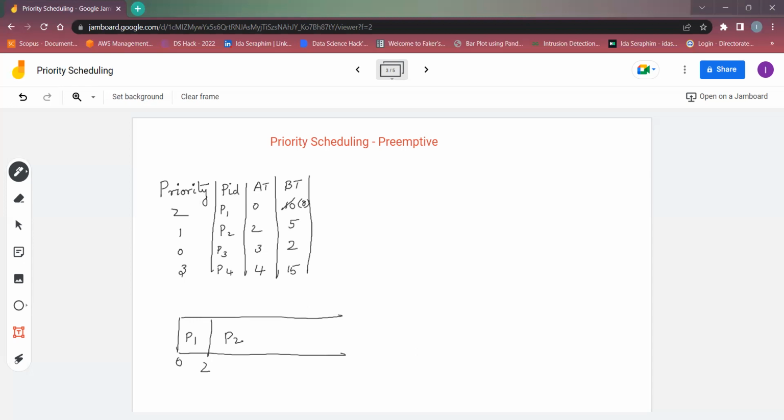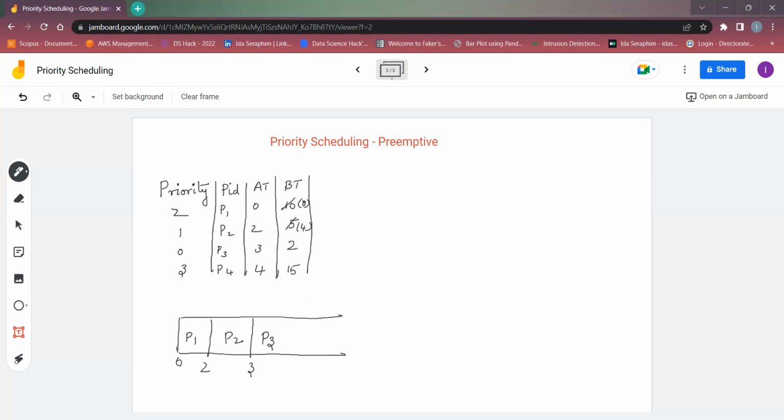So the CPU has to throw P2 out, take P3 in, and give the CPU to it. P2 has executed for only 1 millisecond, which means 4 milliseconds are left. Now the CPU has been handed over to process P3.